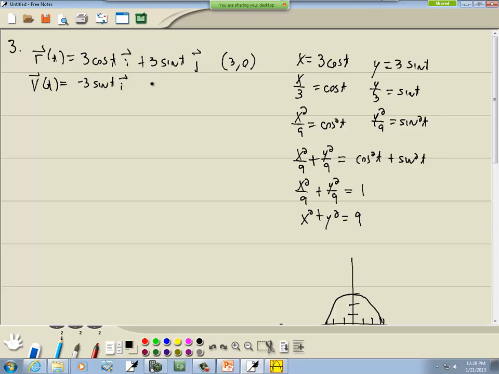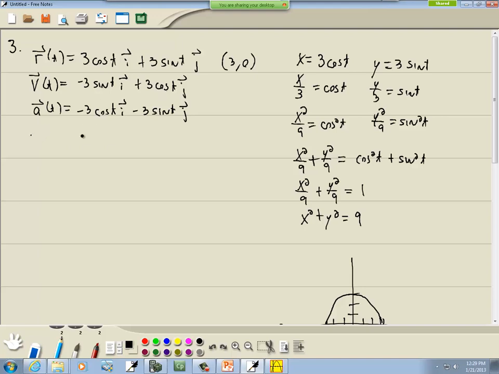And derivative of sine is cosine, so this becomes 3 cosine t j. Now our acceleration vector. The derivative of sine is cosine, so this is negative 3 cosine t i, and derivative of cosine is negative sine, so this is minus 3 sine t j.